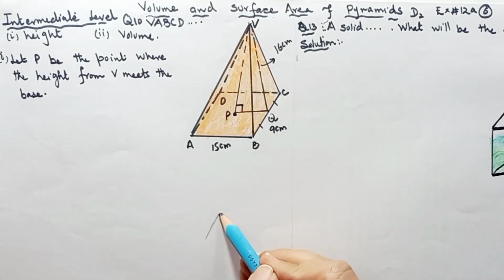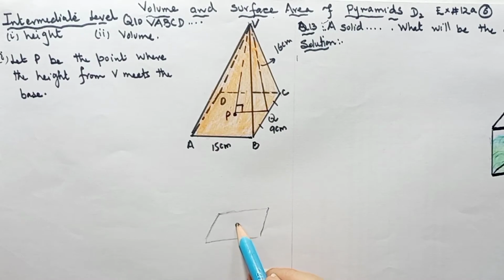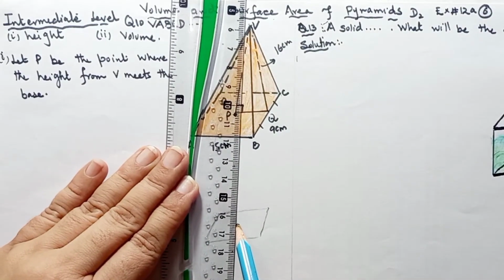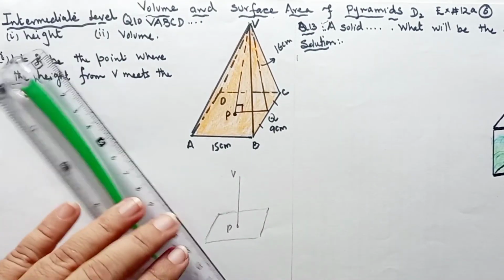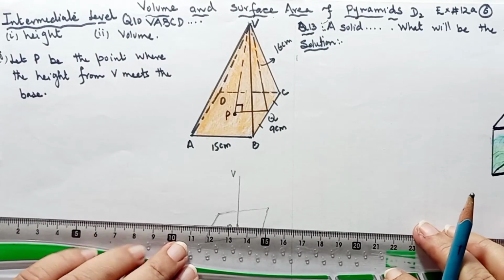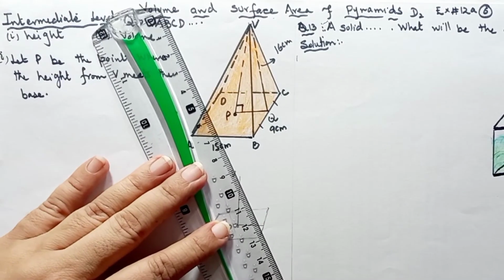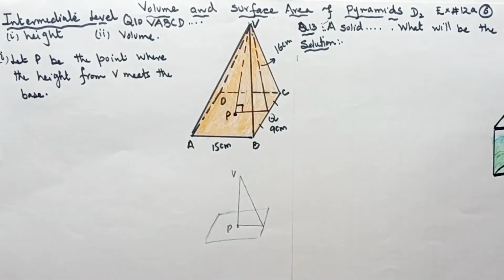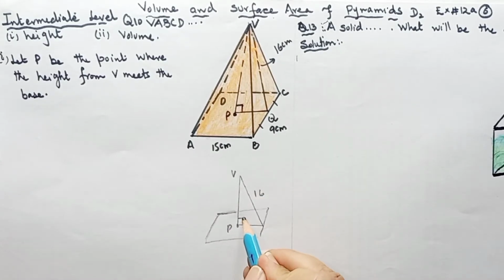If this is the base, and this is the midpoint, and this is the height VP, here we are joining it with the midpoint of the other side, and we have to join these two points as well. This is the slant height, 16 centimeter, given in the question.